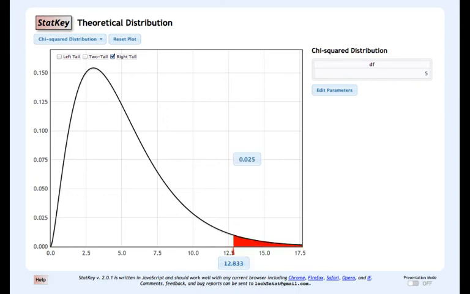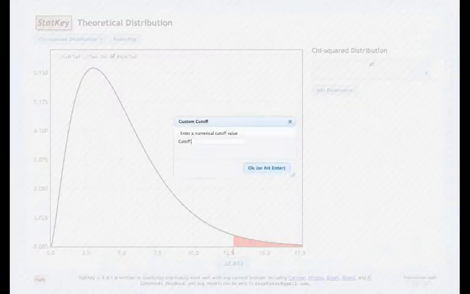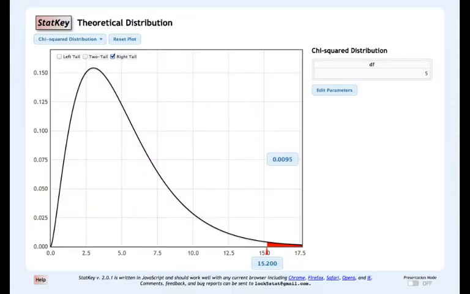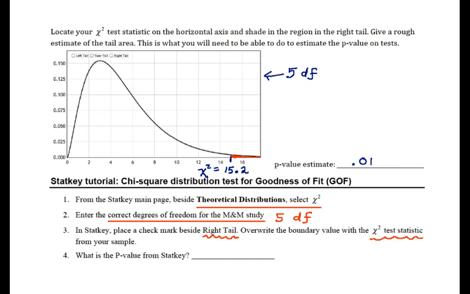Right tail, click on my 12.833 and enter my 15.2 or 15.202. It's hardly going to make a difference. And I get a p-value of 0.0095. So actually my estimate of 0.01 was very, very close because that 0.0095 is really close to 0.01.